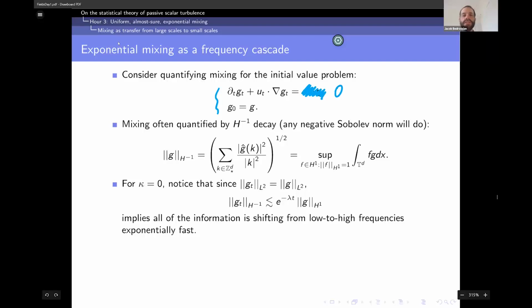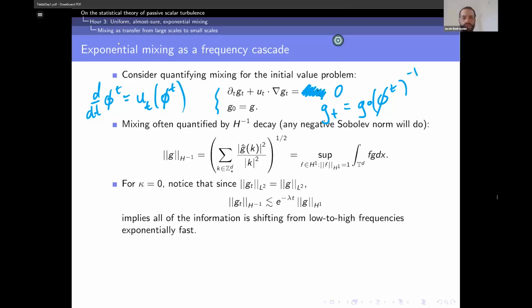So you just have this advection equation. Then the passive scalar is given by the composition with the inverse flow map. So remember, phi t is the Lagrangian flow map associated to, well, in this case, Navier-Stokes, but whatever, just associated to some velocity field.